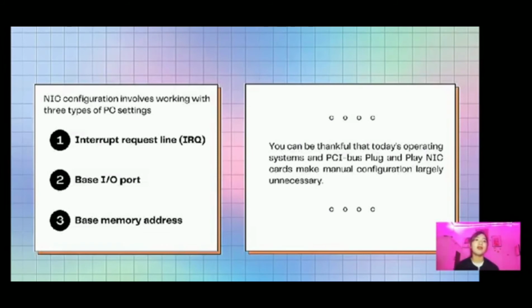You can be thankful that today's operating systems and PCI bus plug and play NIC cards make manual configuration largely unnecessary. However, older NICs or older operating systems may make manual configuration a necessity from time to time, for a tougher treatment of expansion and configuration details.